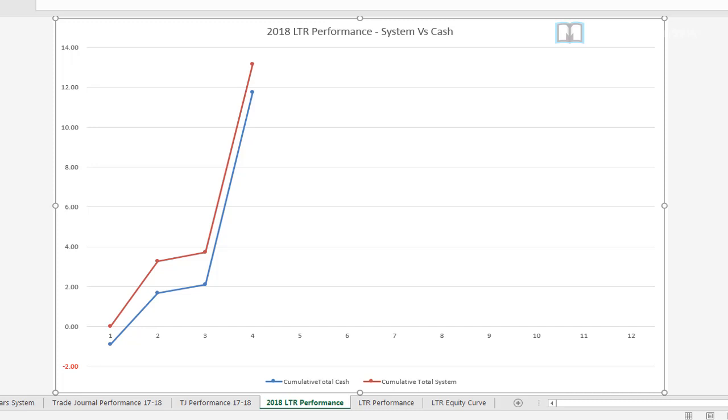I'm going to show you how we've done that this week and how some of our customers have also done that. So let's kick off by looking at the Elite trading room.